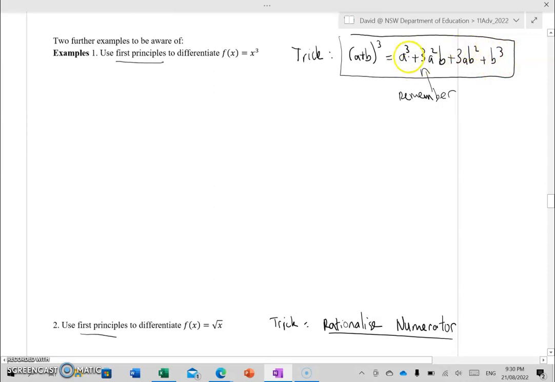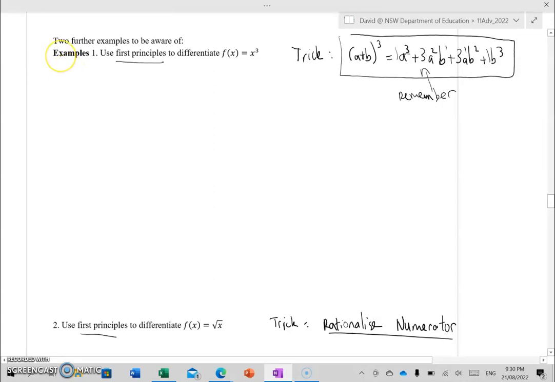You'll notice that the powers of a go down by 1 each time: 3, 2, 1, and then a to the power of 0, which we don't need to write because a to the power of 0 is just 1. And the powers of b go up each time. The first term is b to the power of 0, which we don't need to write. Then we've got b to the power of 1, b to the power of 2, b to the power of 3. And the numbers in front go 1, 3, 3, 1. So that might be a useful way to help you memorize that expansion.